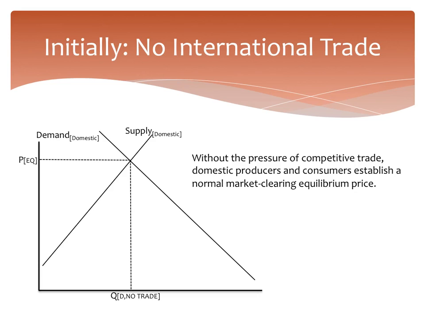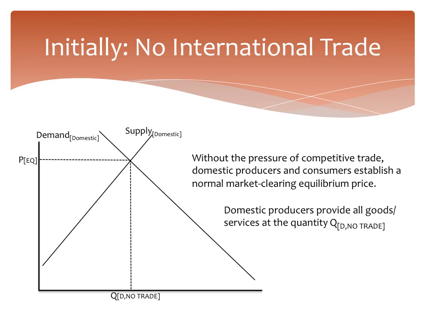It's obviously at the intersection of those two curves, and we see a P equilibrium and a Q equilibrium when there's no trade taking place. Okay, so we've seen this graph before. Let's see what happens. Another point to make is that domestic producers will provide all goods and services at the quantity QD, no trade. Okay?